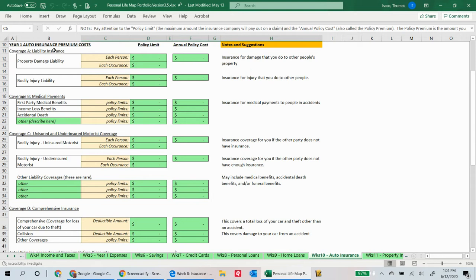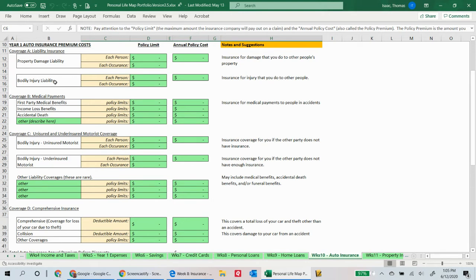So if you get into a car accident, this covers the other person's car. That would be property damage liability. It may also cover somebody else's house. If you run your car into their house, that would be covered under this property damage liability. The bodily injury liability is the damage that you do to another person.